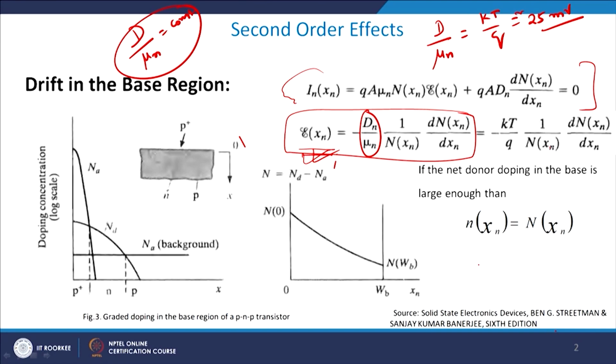So we have understood that in the base region, if there is a small change in the value of Nd, I will have the drift in the base region. Therefore, there will be a drift carrier, electrons will be drifted through the base region, and that is quite an interesting phenomenon which people see.